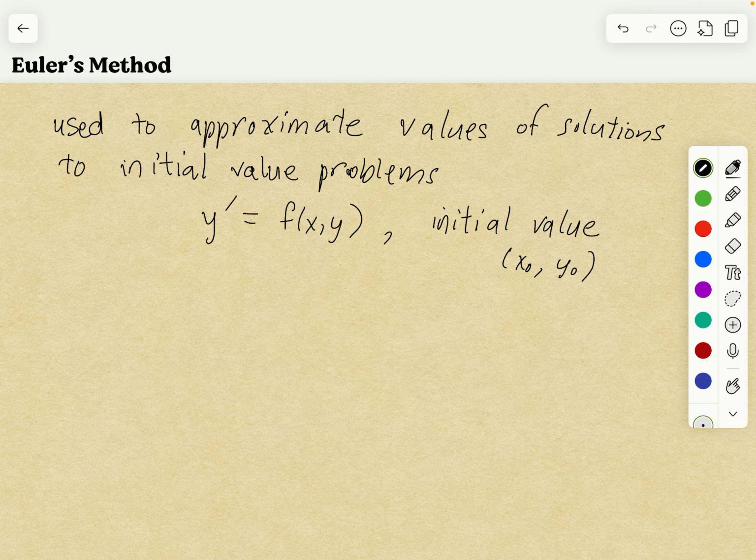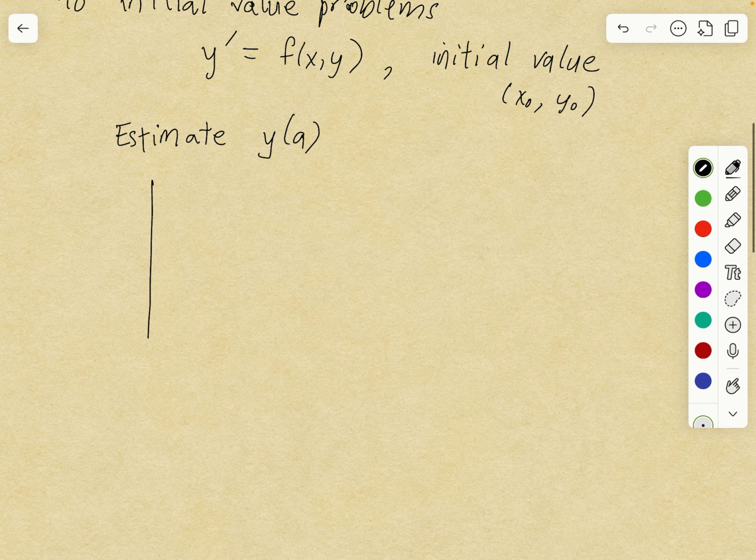And basically, the idea is, in Euler's method, you want to estimate y of a for some value of a. Okay. So here's a picture. Let's say that you have your differential equation, y prime equals f of x, y. Well, at each x comma y, you're going to have a solution.